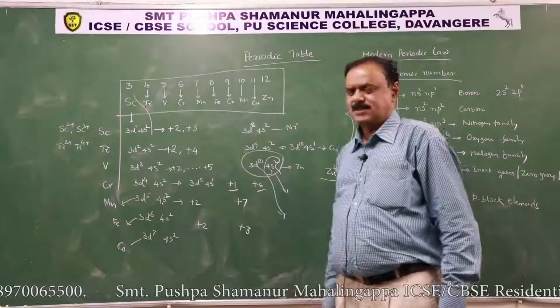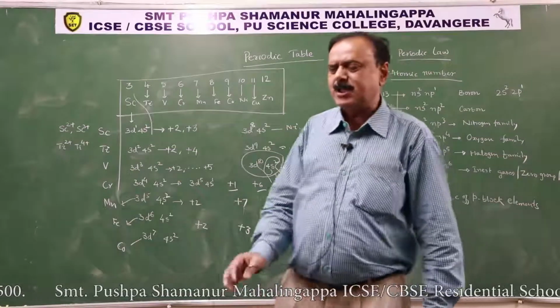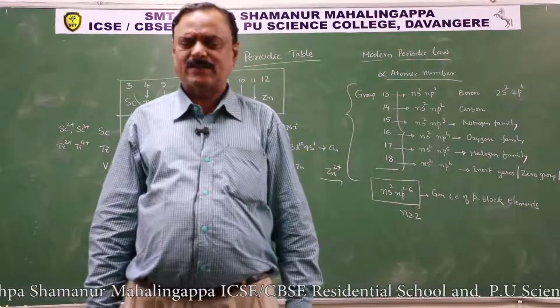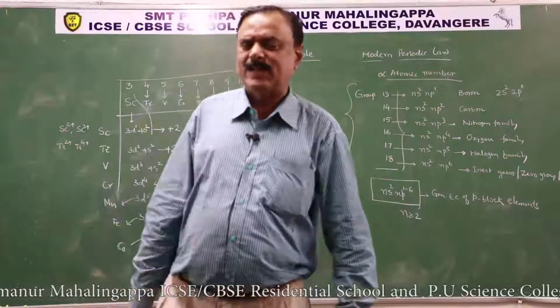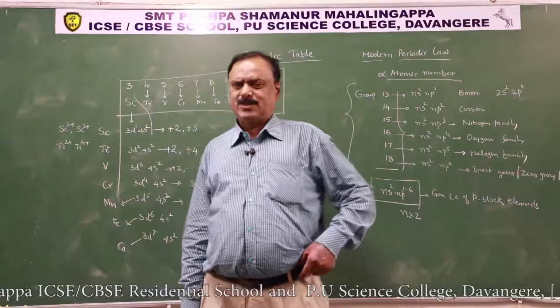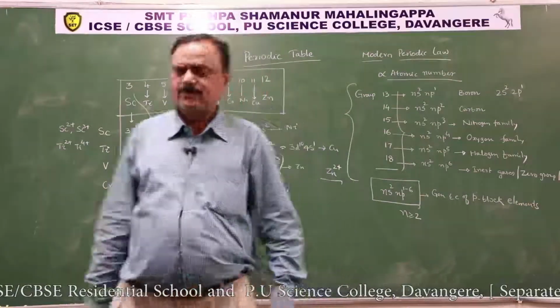Therefore, higher oxidation states are obtained by the utilization of the outer s atomic orbital electrons and inner d atomic orbital electrons. When both are involved, it gives the higher oxidation number or higher oxidation state.